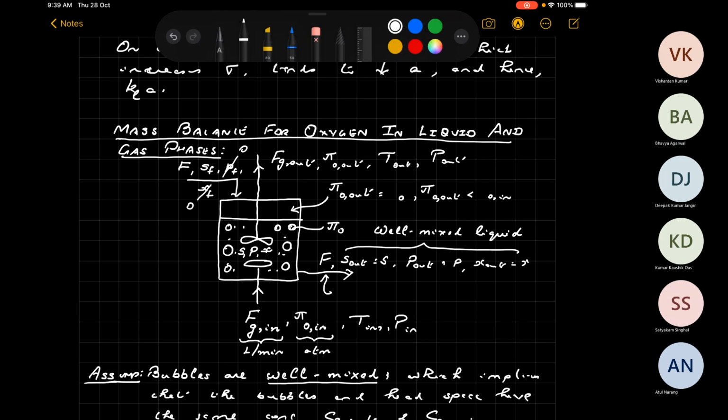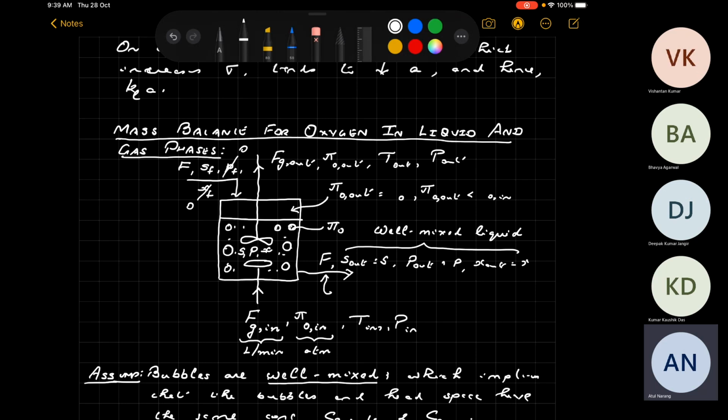Now, the gas flow rates out, as I mentioned last time, need not be equal to the gas flow rates in. So, in and out are not equal, simply because, as I told you, the cells inside are converting oxygen to carbon dioxide, and that stoichiometric ratio is 1 to 1 only under aerobic conditions.